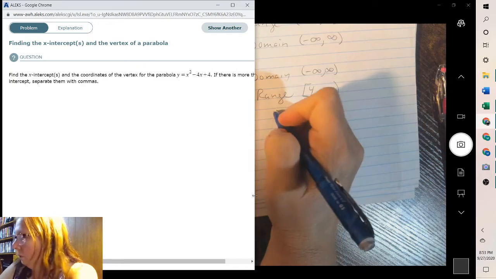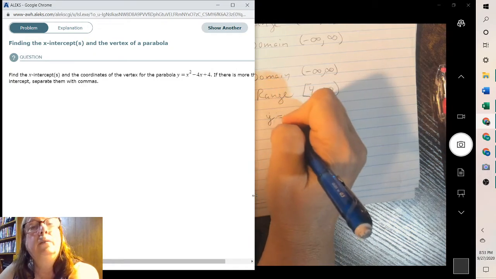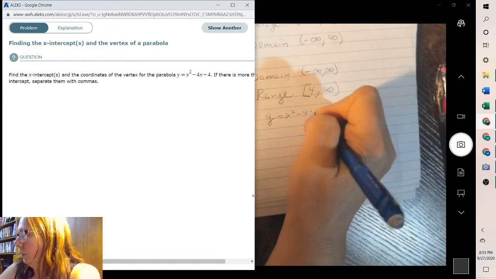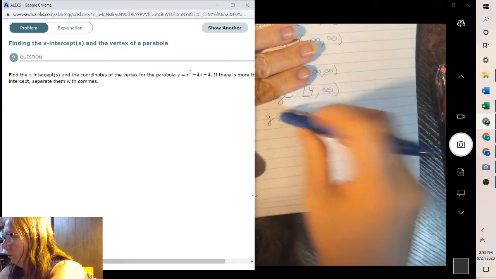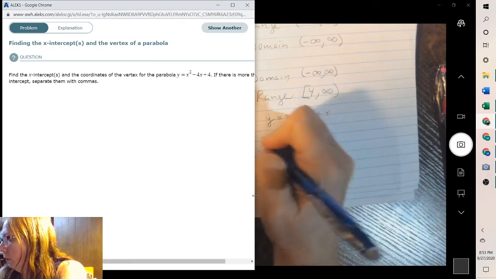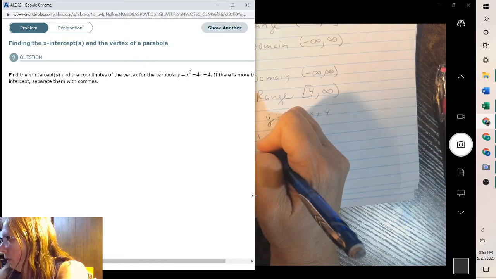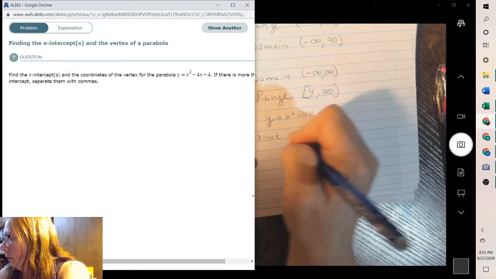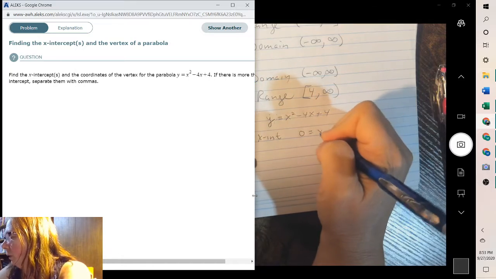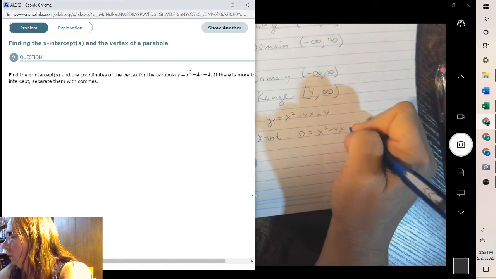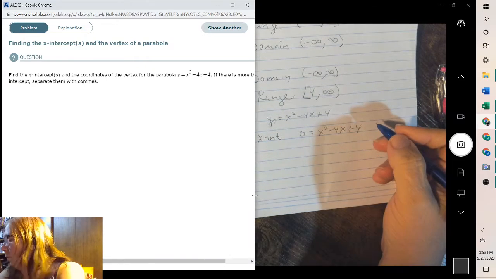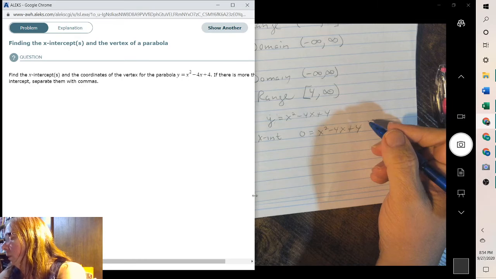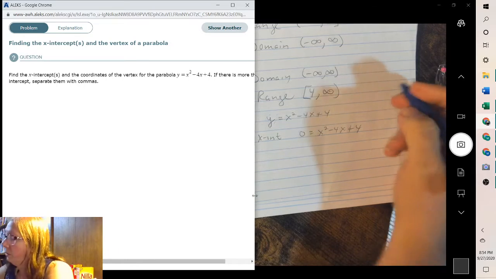We know y equals x squared minus 4x plus 4. And so we want to find the x-intercept. Remember, for the x-intercept, that's when y equals 0. So we're just solving the quadratic function. And yes, this one is factorable.